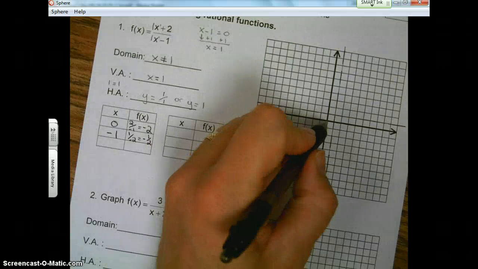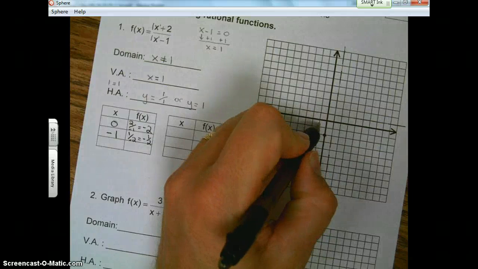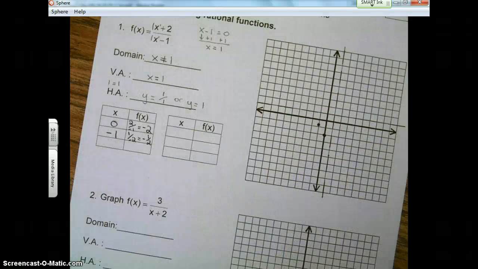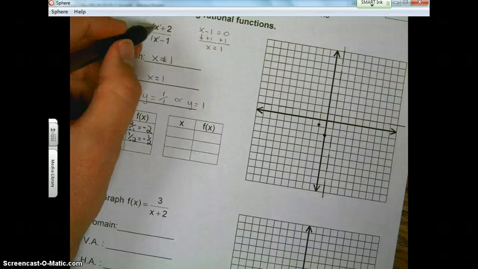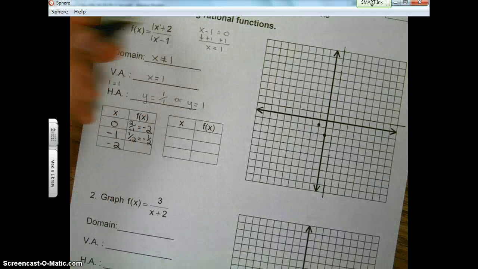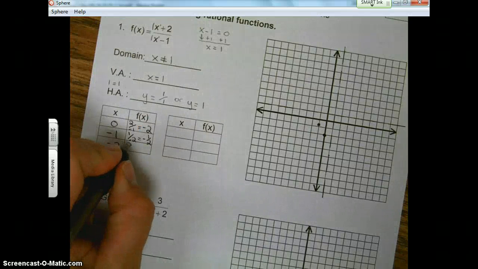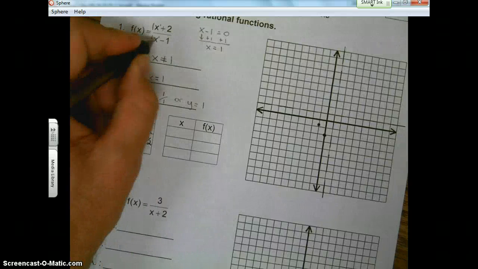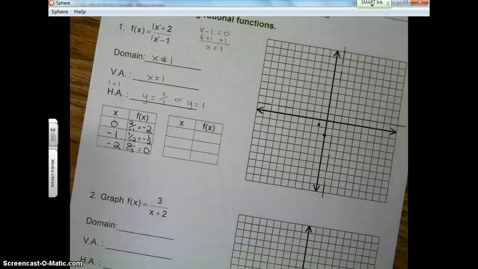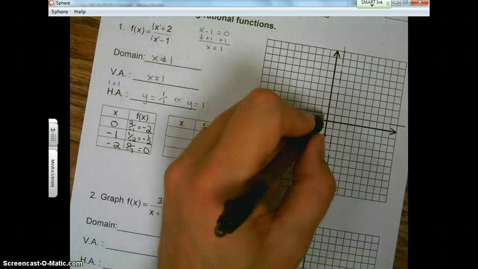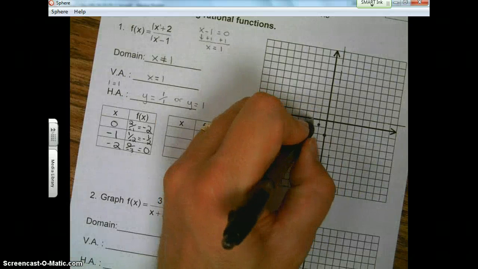So at negative 1, we're at negative 1/2. Okay, let's try negative 2. Negative 2 plus 2 is 0, and negative 2 minus 1 is negative 3. So our y-coordinate is going to be 0. So at negative 2, we're at 0.